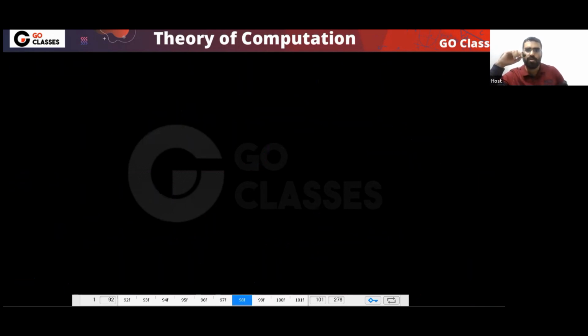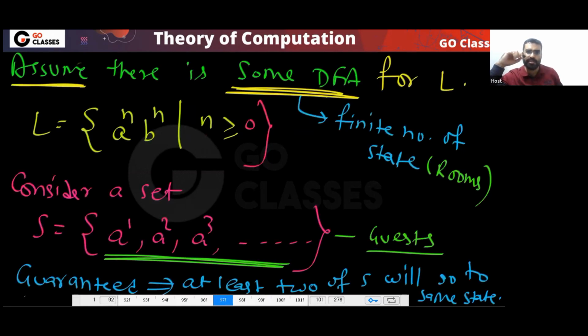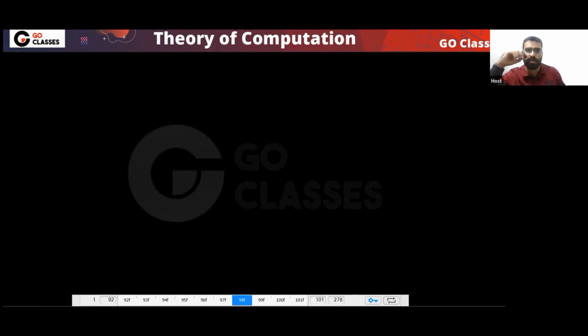Now there is a problem. You are saying at least 2 of these guests will go to the same room. So can I assume some 2 strings randomly? Let me assume a power m and a power n.